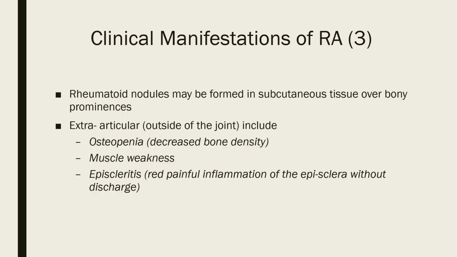So, clinical manifestations of rheumatoid arthritis. Rheumatoid nodules may be formed in subcutaneous tissue over the bony prominences. So extra articular, meaning outside of the joint, and this will include osteopenia, which, if we remember, is decreased bone density, muscle weakness, episcleritis.